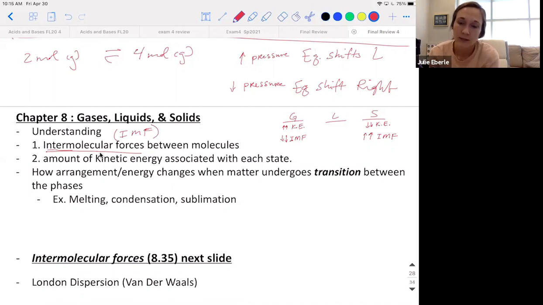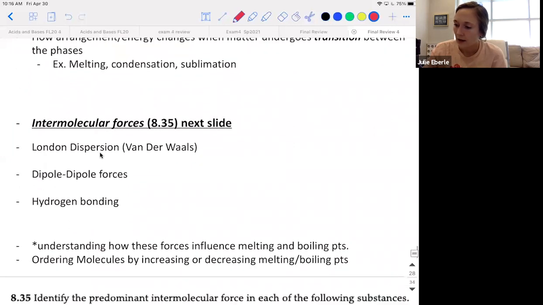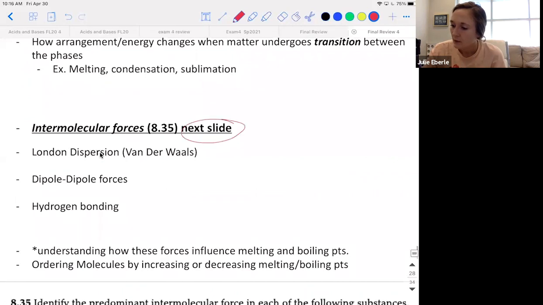That's endothermic. Anytime you're going down from a gas towards a liquid or towards a solid, you're releasing heat. That's exothermic. Okay. We had a whole chart for that. We wrote those in on chapter 8 slides. All right. Next slide. Oh, we'll look at a practice problem.